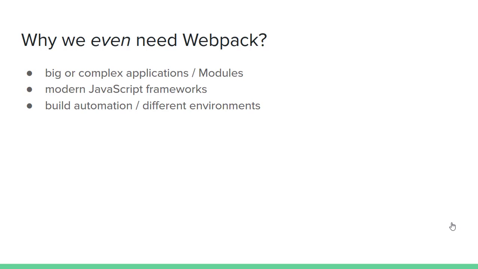So this helps us automate the process of building our application for different environments. So once we write all this configuration for Webpack, we can just run a single command and build our application for a particular environment.